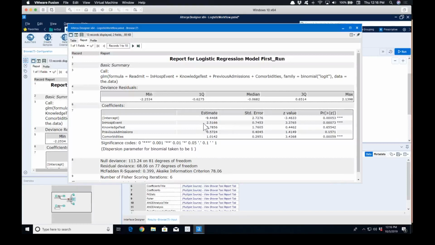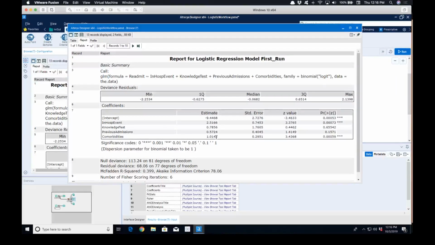And this is all I want you to notice. The first thing we want to look at is whether it is a statistically significant predictor, and this value right here. So for every 1 point change in in-hospital event, Logits go up 2.5 points. Now, it's hard to know what that relatively means, but for comorbidities, for every additional comorbidity that someone has, their predicted Logit goes up a little bit more than 1 point.